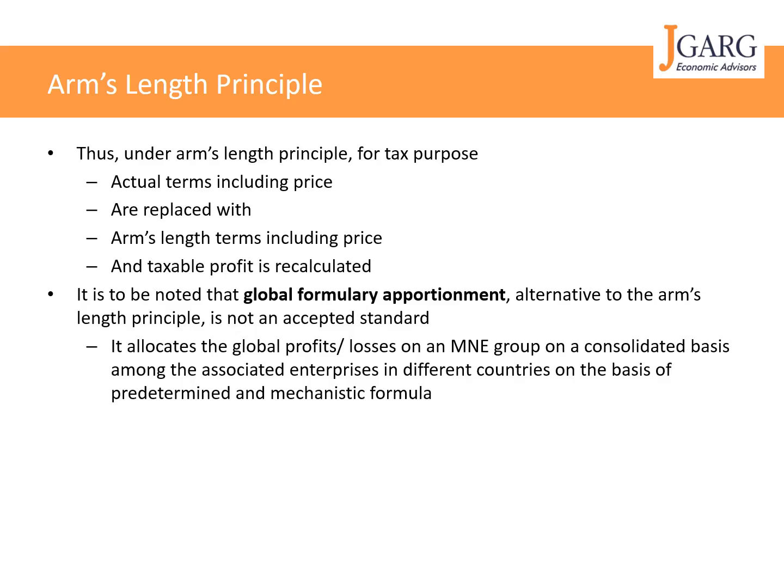That formula could be, let's say, we are going to use sales as the base to divide the profit, or we are going to use the cost as the base to divide the profit. So if the group is into the loss, you are going to allocate loss to all the locations, and if the group is into the profit, you are going to allocate that profit to all the locations.